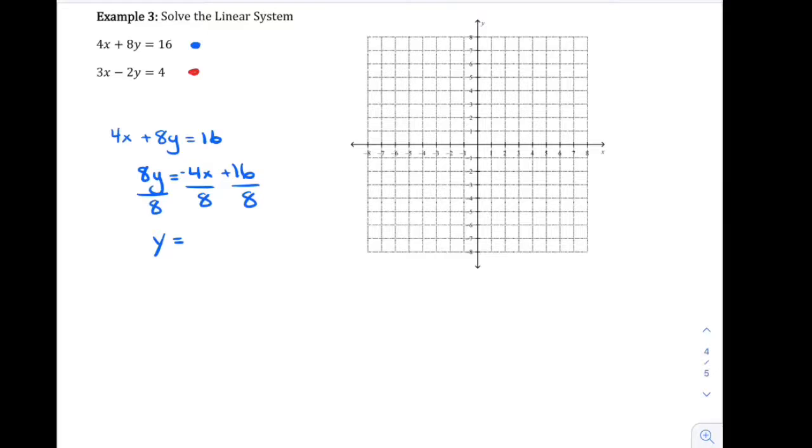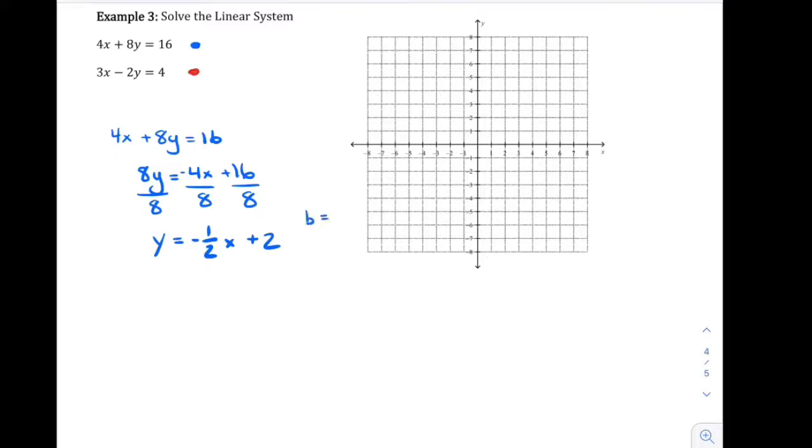I can reduce that fraction. Maybe I'll write it as negative 4 over 8 for now. But I know that 4 goes into both those numbers evenly. 4 goes into the top once, and 4 goes into the bottom twice. So really, negative 4 over 8 is the same thing as negative 1/2. And over on the right side, we have plus 16 divided by 8, which is positive 2.